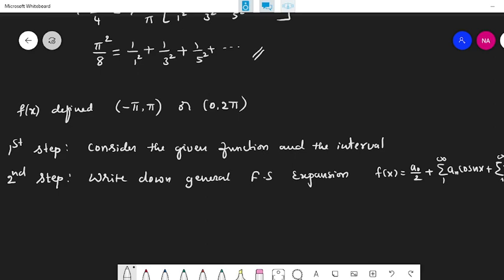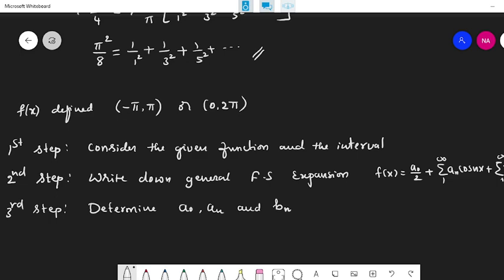Now, after writing this, third step, I have to determine a naught, a n and b n.